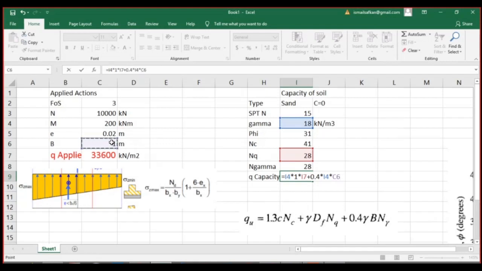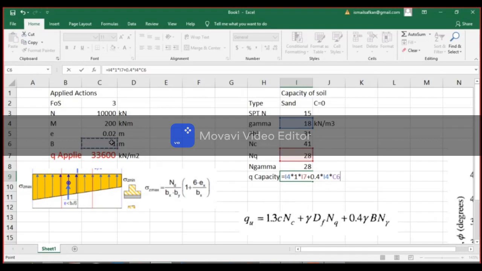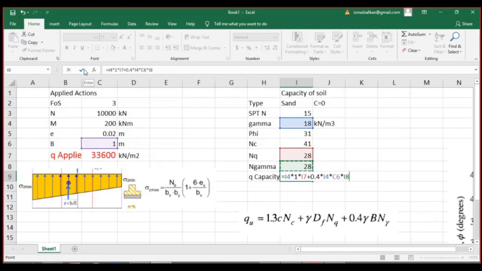So the bearing capacity increases as you increase foundation size. That's why you need to utilize the same B for both sides, times N gamma. And click enter.